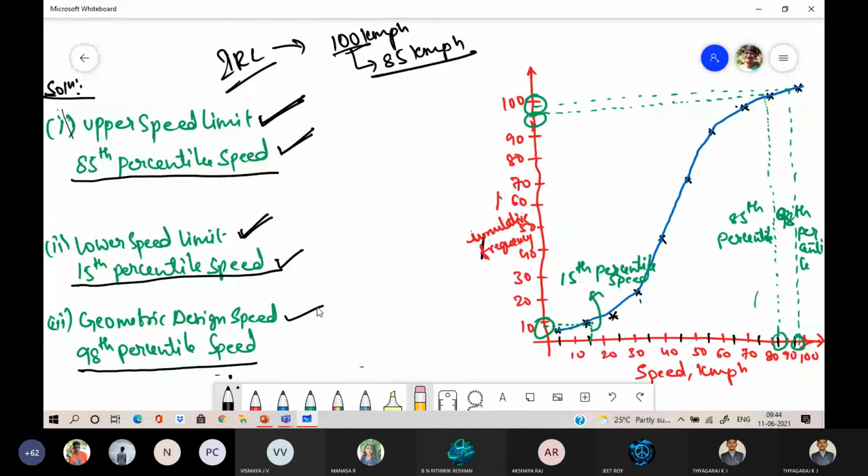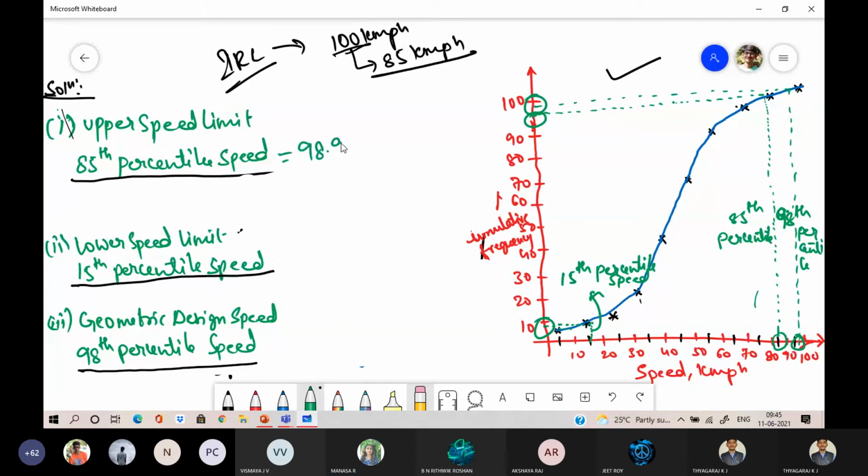I think you have done the graph, right? Yes, sir. What is the 85th percentile speed you are getting from the graph? 98.9.